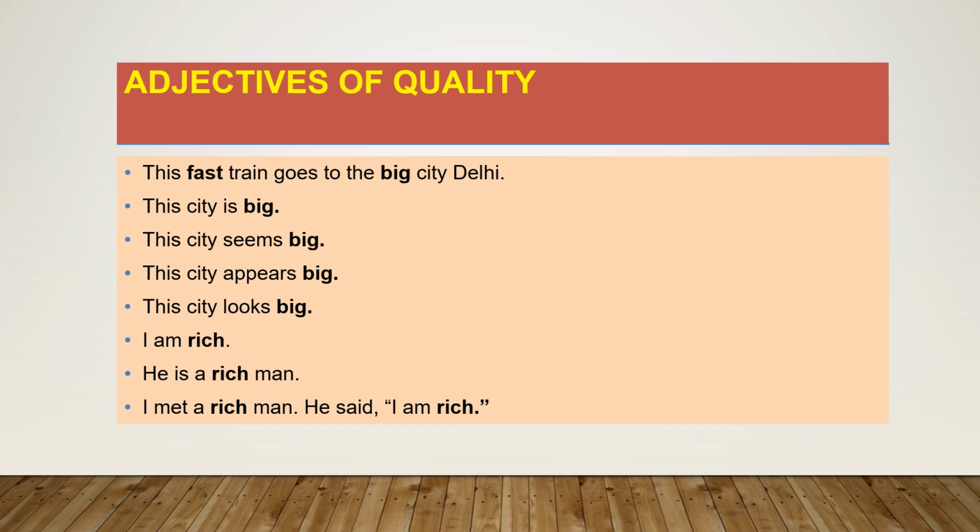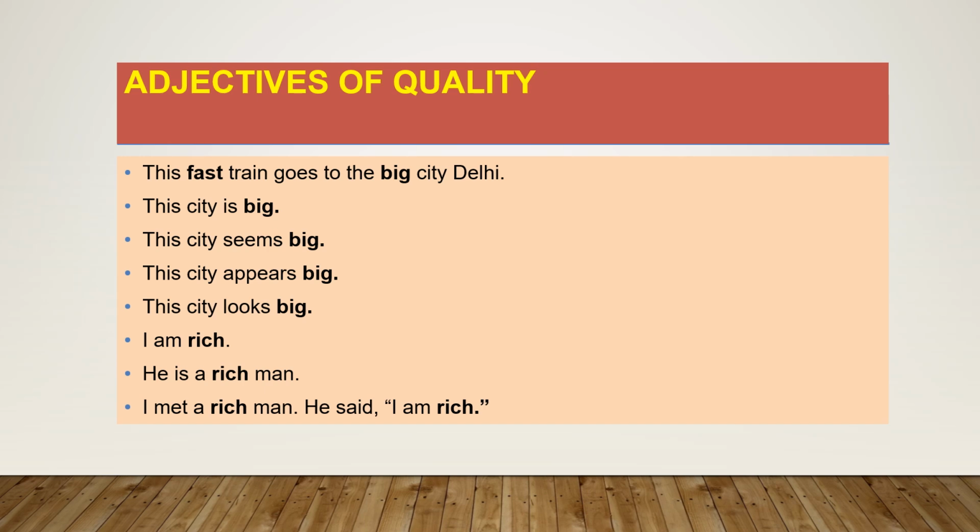So I is described by rich, rich person. Instead of qualifying the subject by being in front of the subject, you cannot say rich I. So you say, I am rich. Here the word rich is an adjective qualifying the subject, that is I, personal pronoun, first person singular.